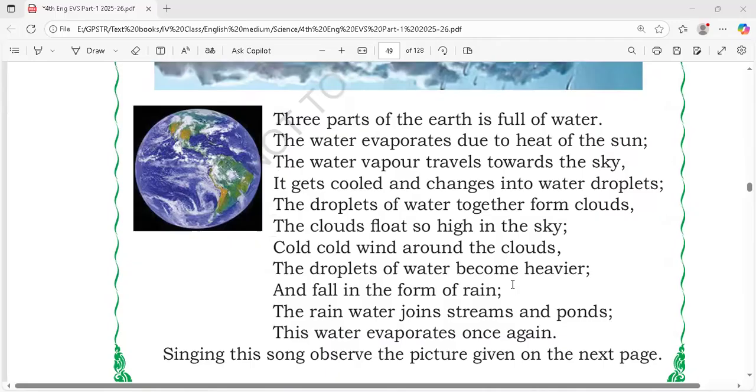The clouds float so high in the sky, cold wind around the clouds. The droplets of water become heavier and fall in the form of rain. The rain water joins streams and ponds. This water evaporates once again.